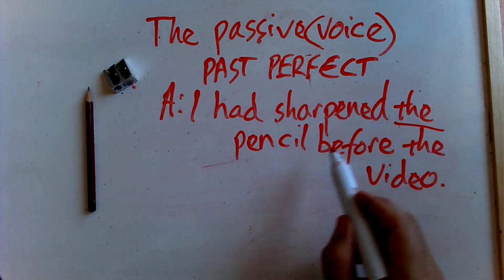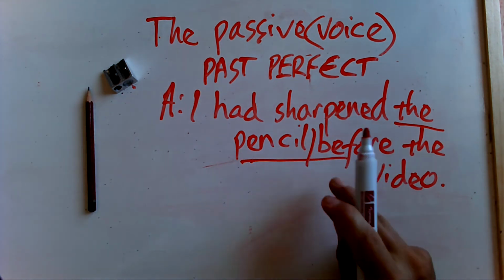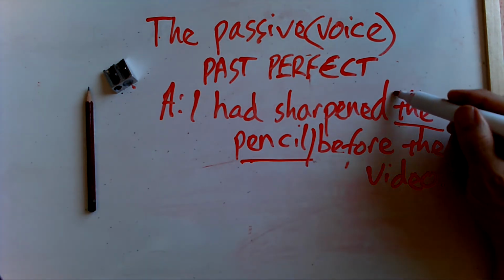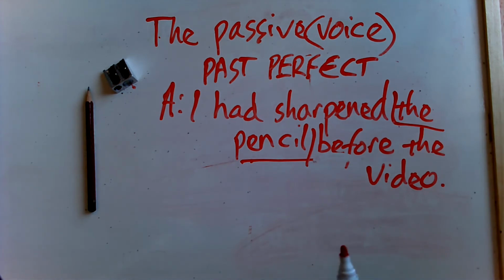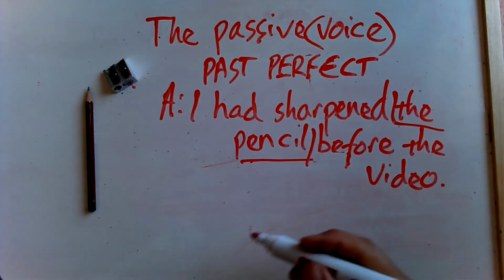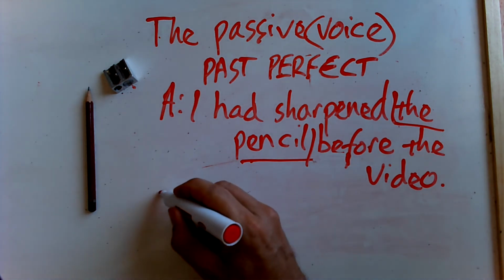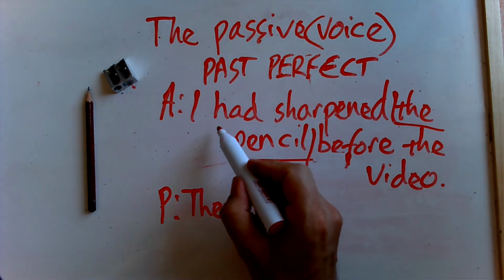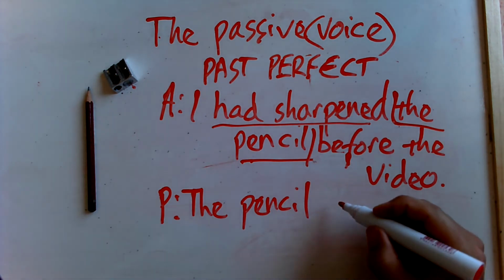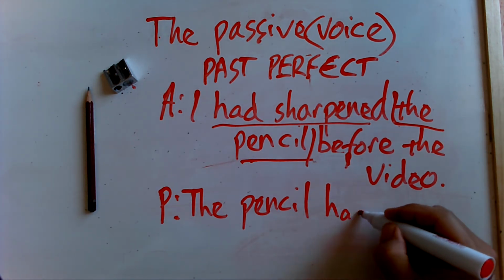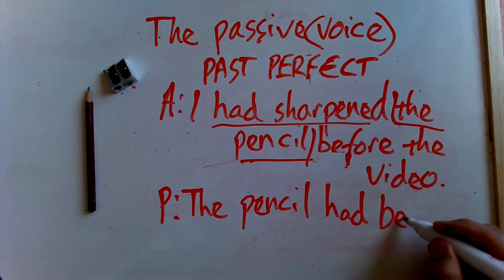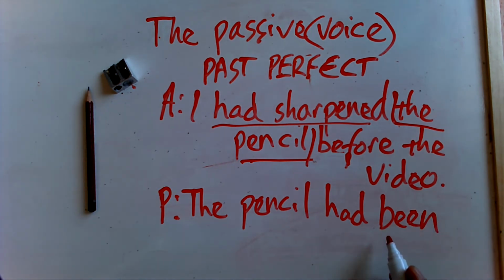Again, this is the object of the original sentence. It becomes the subject of the passive sentence. Had sharpened stays the same, but the form of the verb to be is the past perfect version of be, had been. Had been what? Had been sharpened.